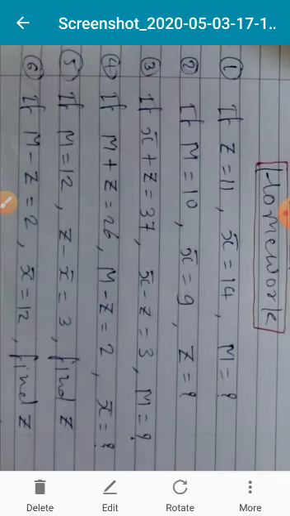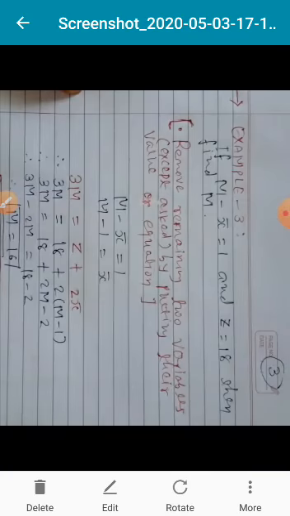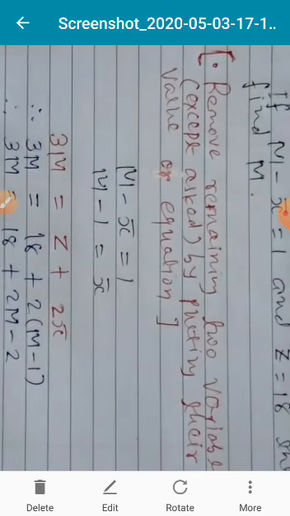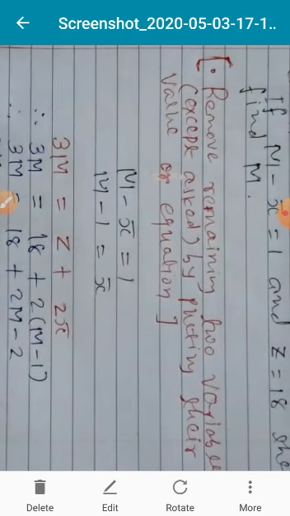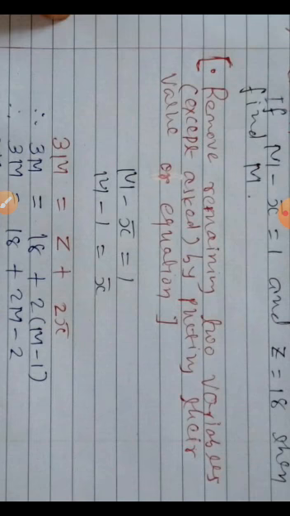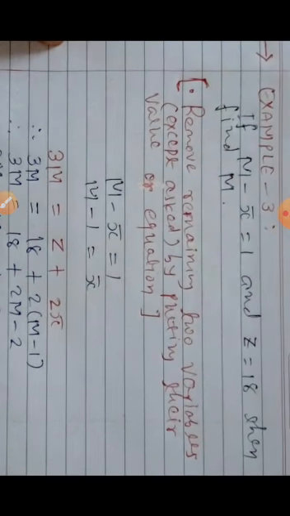In the third case, one equation and one value are given. So far we have discussed three types of question based on the empirical formula relating mean, median and mode. Again we recall it fast. In the first one, two values are given, so we just put both values and find the third one.